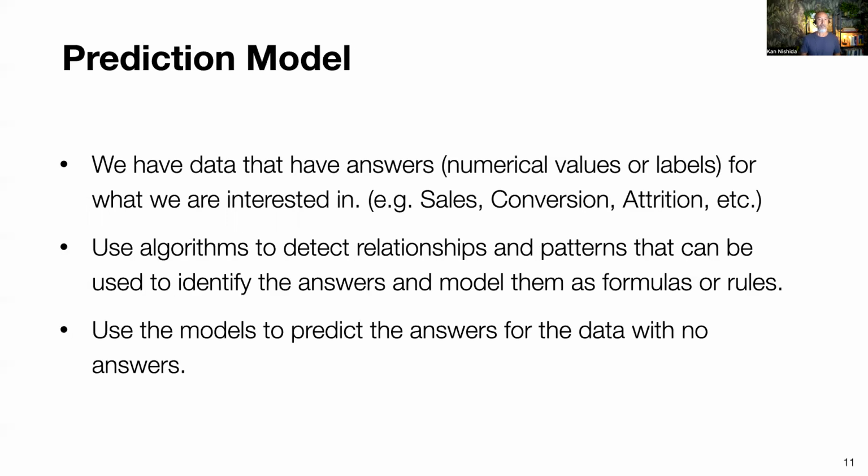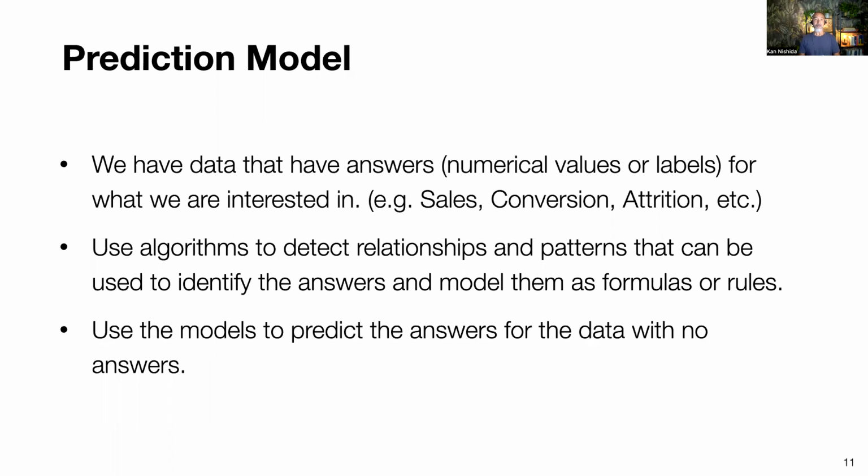So you might still want to, quote unquote, predict to fill the answers. So the prediction model is more like kind of inner working. You have the data that has answers, can be the sales, can be conversion status, converted or not converted. And then also we have the data of other types of variables, such as users' demographic data, or maybe a time spent on the website, what button clicked, and so on.